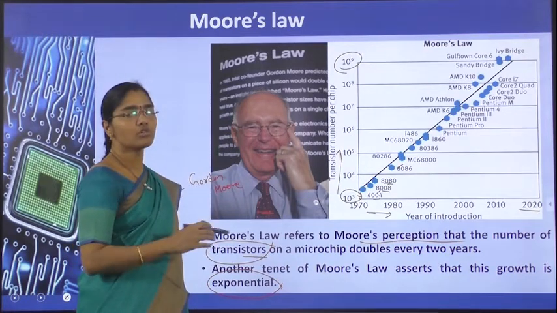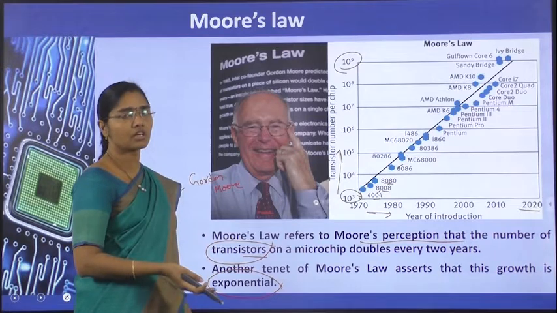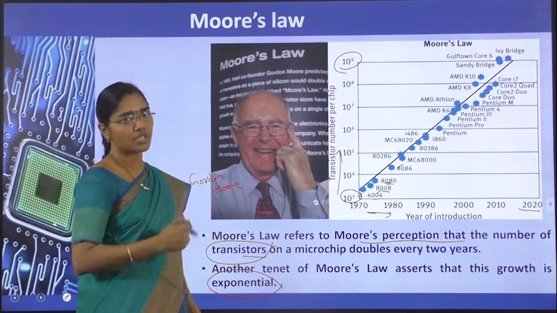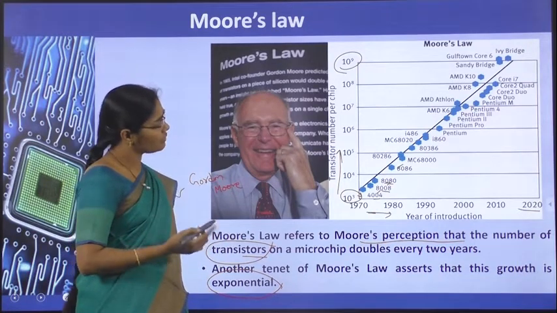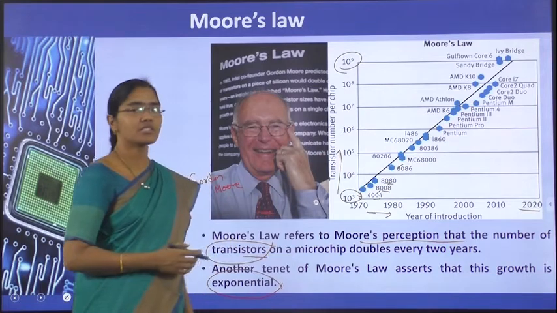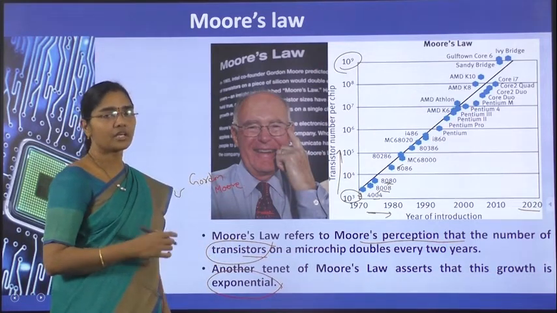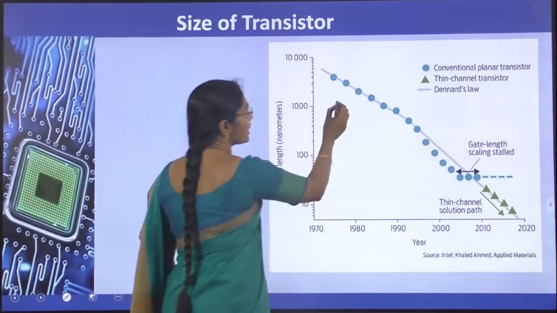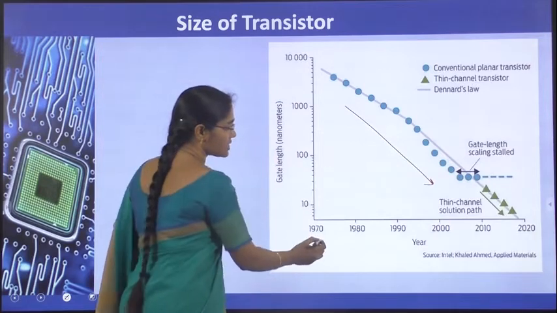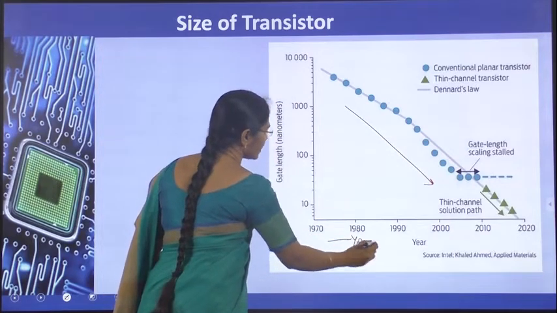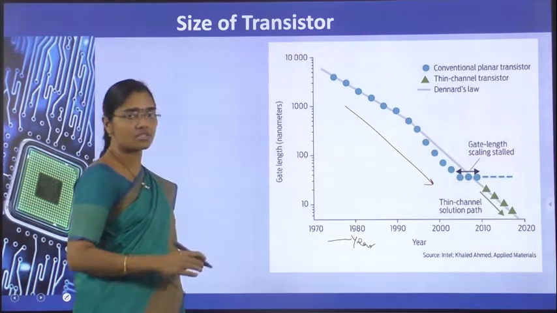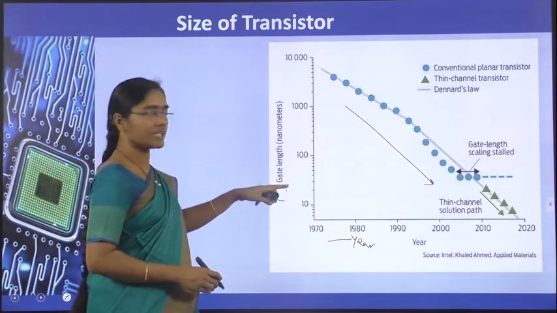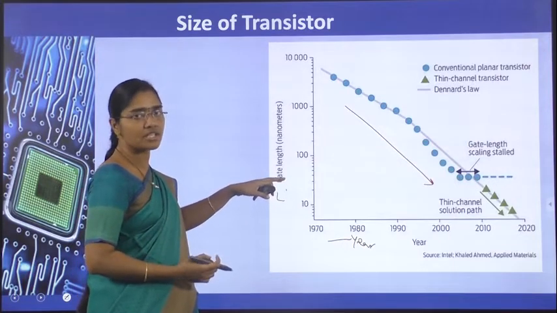Because of more transistors on a unit area, the sizes of all devices reduced drastically. And how are so many transistors embedded on a single floor or unit area? Because of reducing the transistor size. This is again the year and the size of the transistor, that is gate length, generally represented as L. The gate length defines the transistor size here.